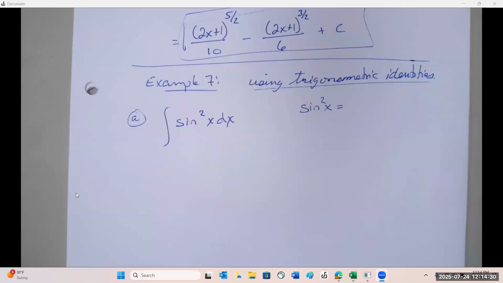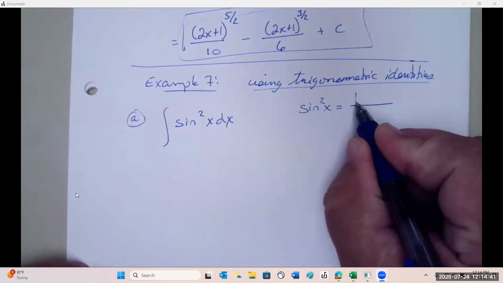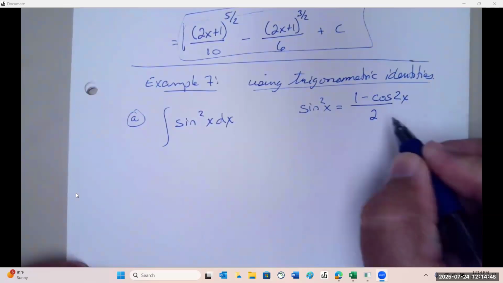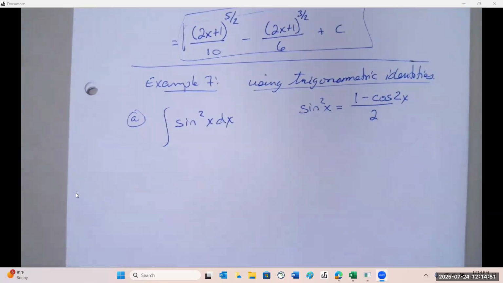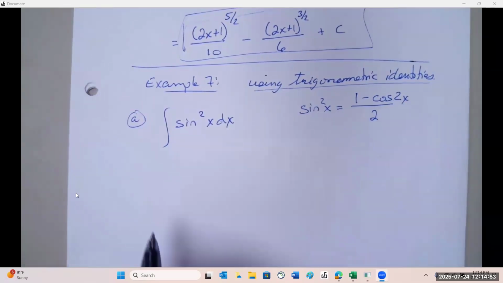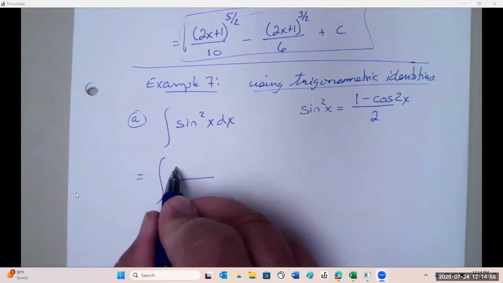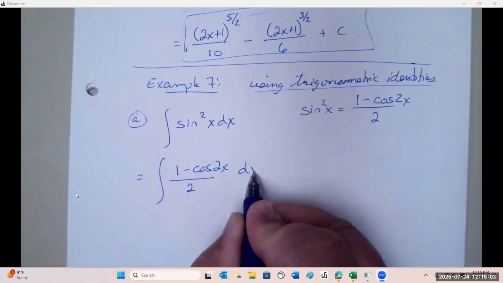Which would be what? Very good. Because now we have no more squares, no more exponents. We're good to go, because this is an easier one to take care of. One minus cosine 2x over 2 dx.